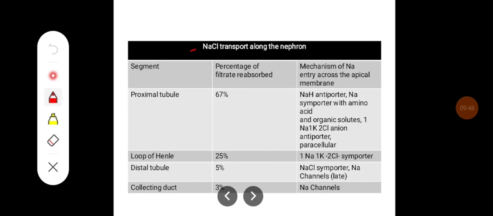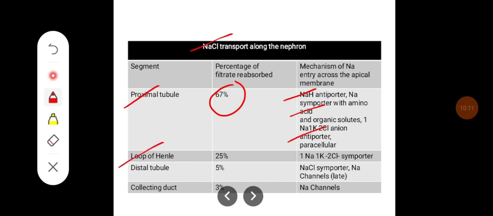If you see the sodium chloride transport along the nephron, in the proximal tubule, almost 67% is reabsorbed. It is through sodium hydrogen antiporter, sodium symporter with amino acids and with other organic solutes, and in some amount sodium potassium 2-chloride symporter.